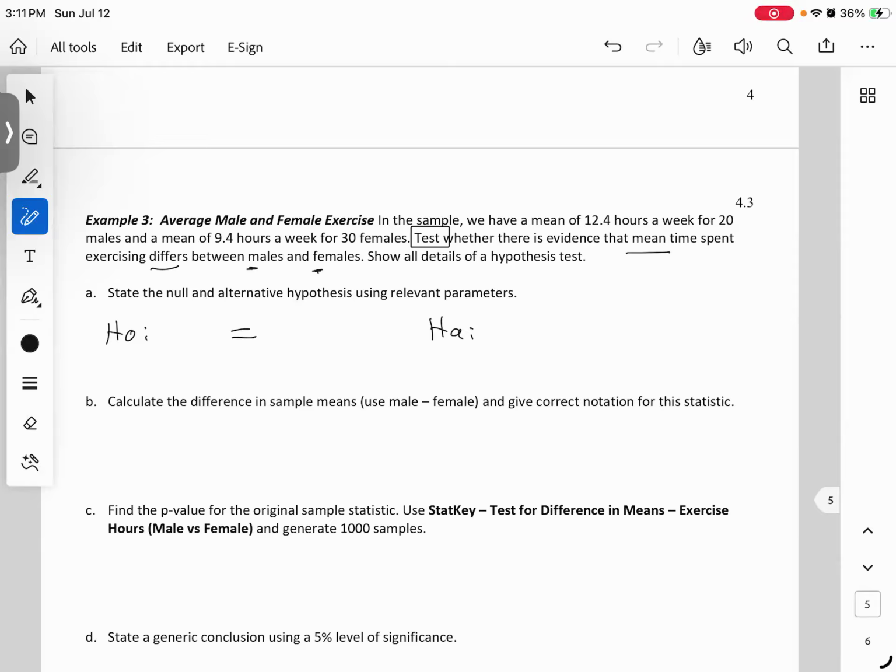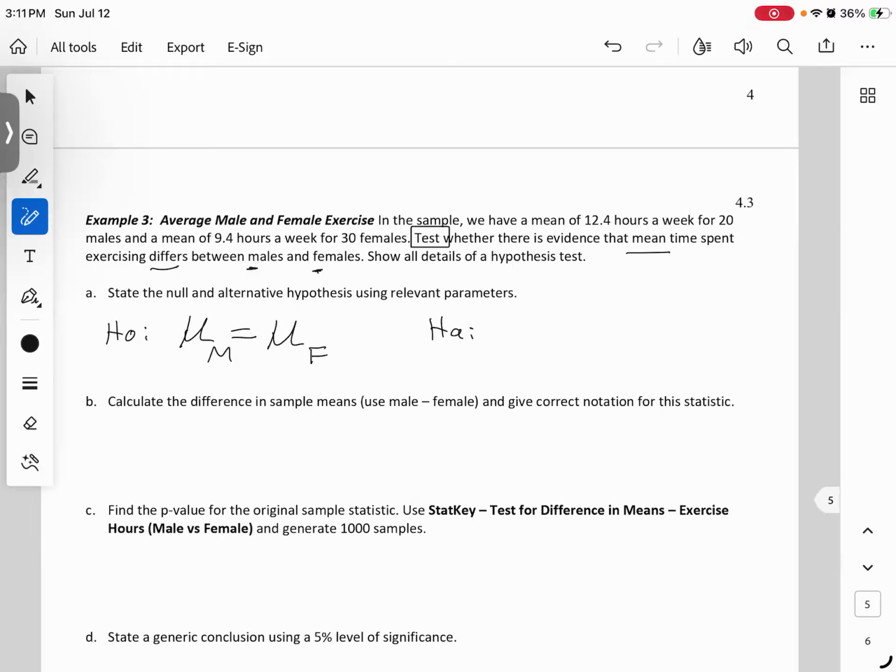Keep in mind that the null always has an equal sign. And since we've got two groups about averages, we're going to be doing mu. So the reason why we're doing mu is because we're really trying to make a big statement about all males and all females who exercise.